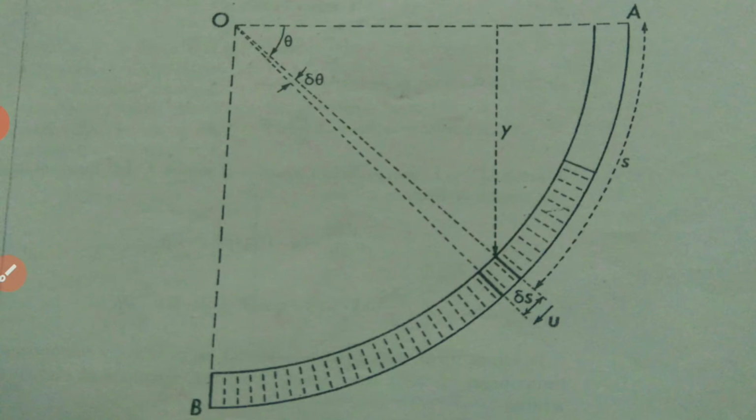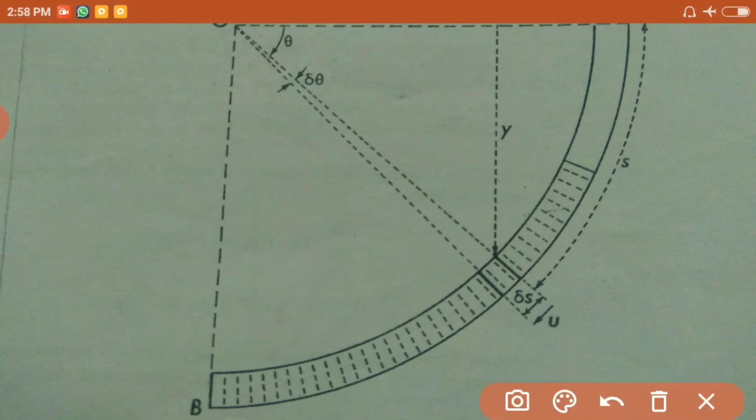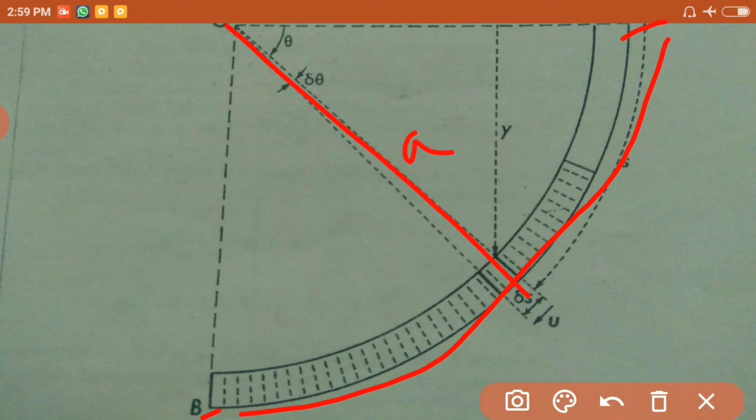Here is A and this is B. This AB is a tube of small uniform bore forming a quadrant arc of a circle of radius a.